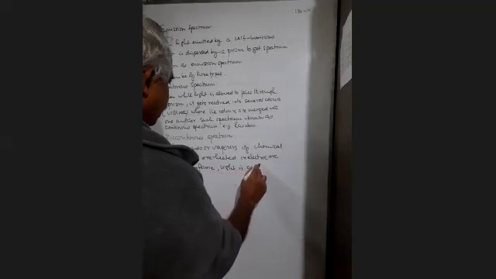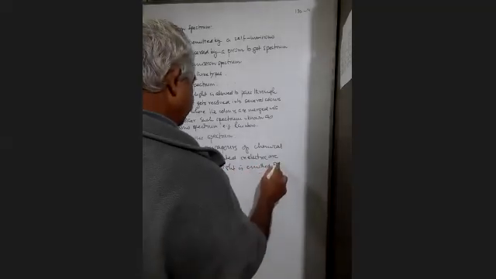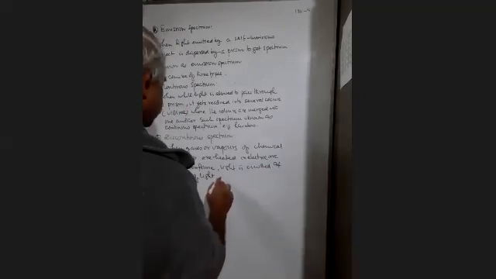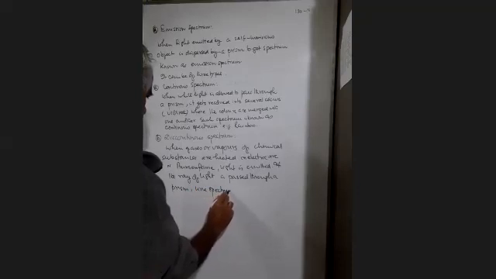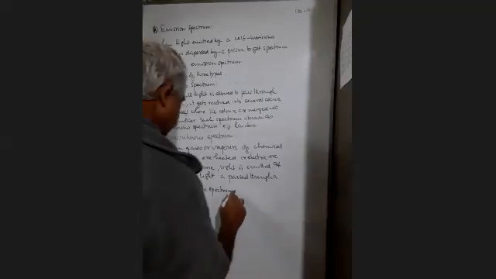Light is emitted. If the ray of light is passed through a prism, line spectrum is produced.